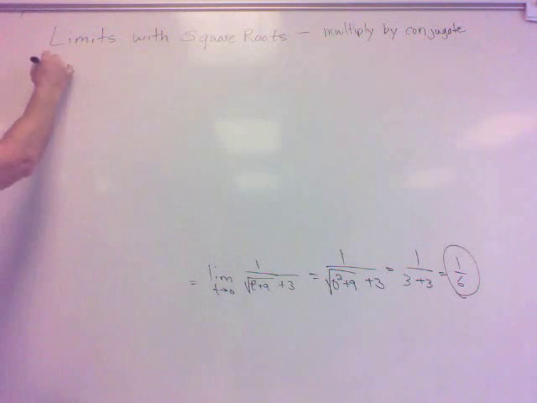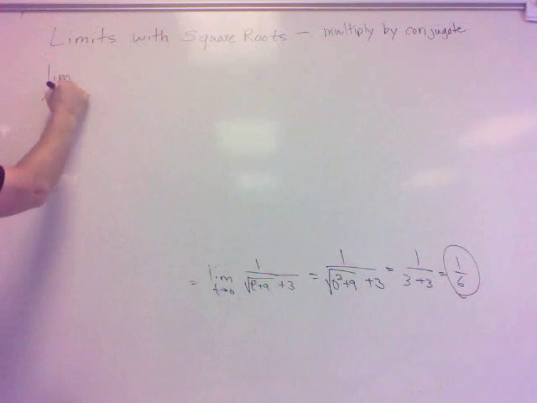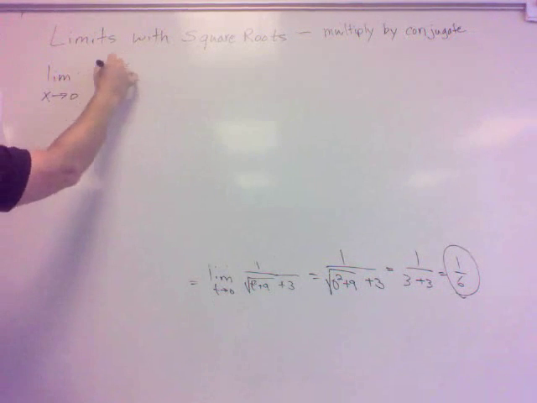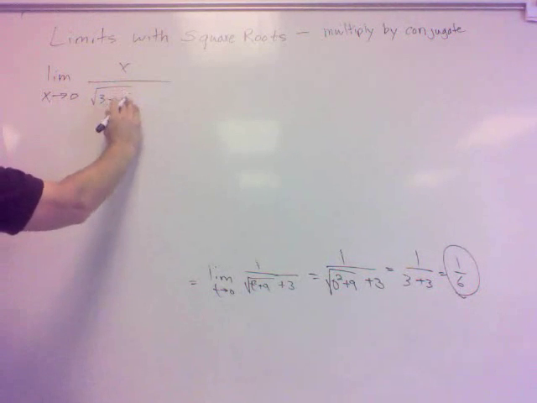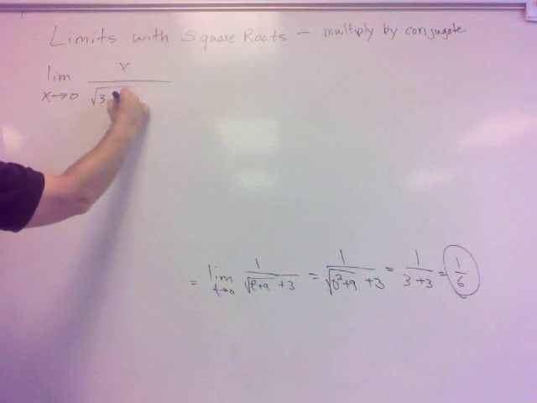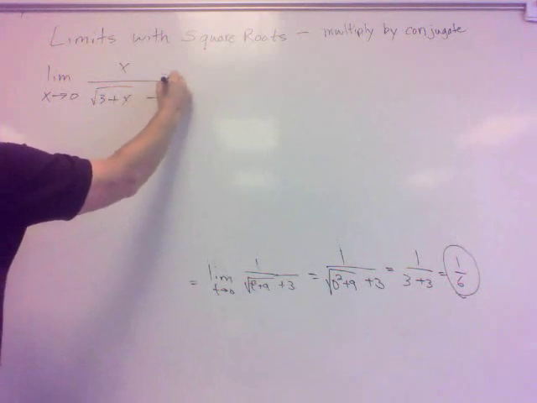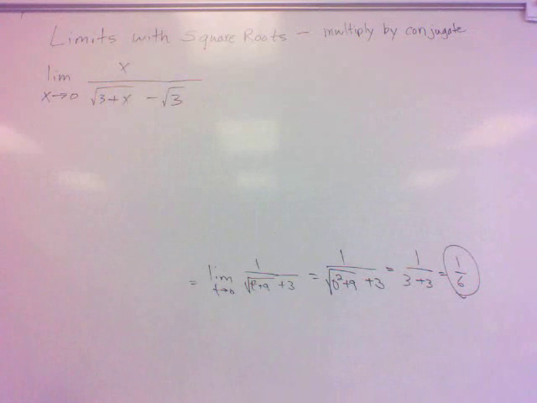The limit, x goes to 0, of x over square root of 3 plus x minus square root of 3. Can we substitute? No. Okay. Cannot substitute.